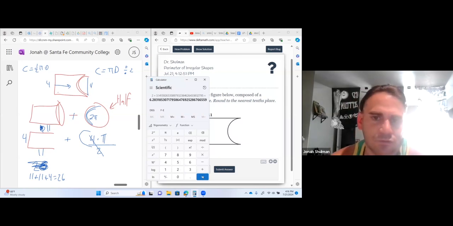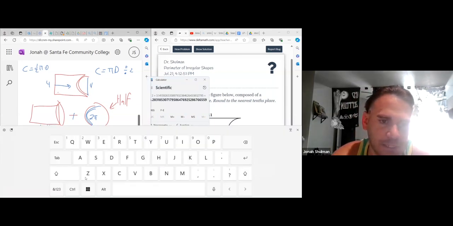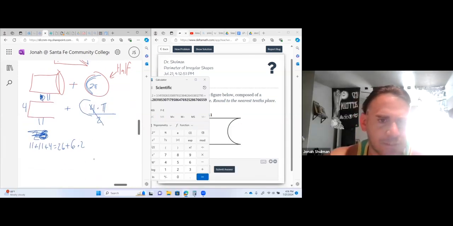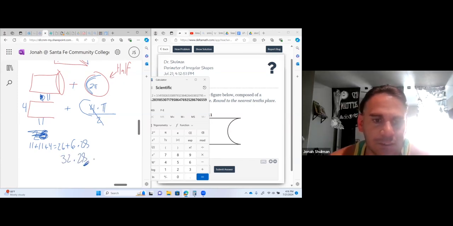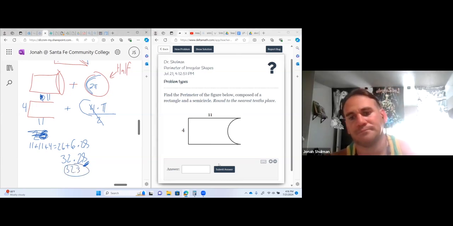I'm going to just do 2 decimals. So 26 plus 6.28 is 32.28, but they want to the nearest tenth, right? This is, guess what? Bigger than 5, so it's 32.3 is the answer.